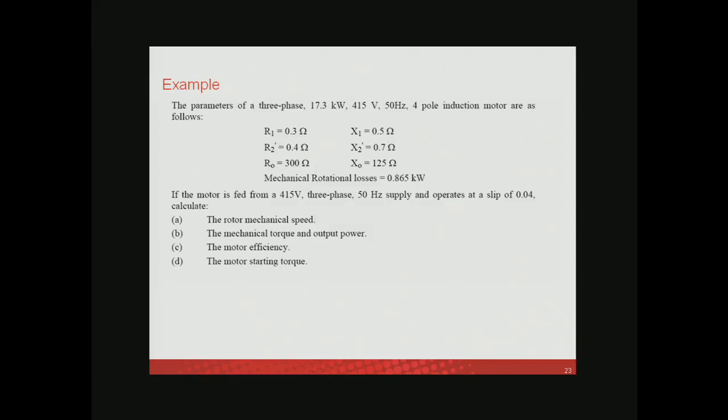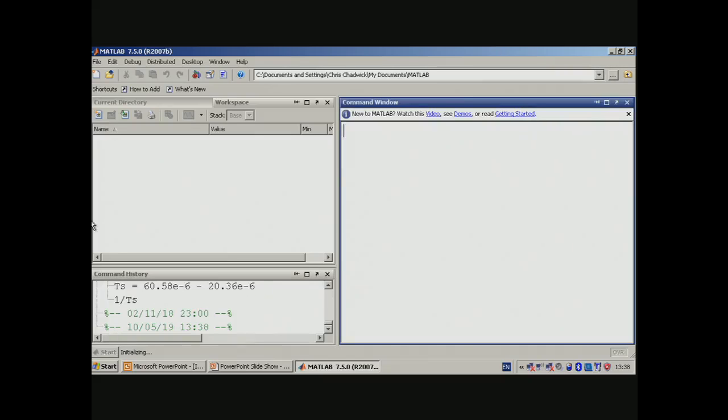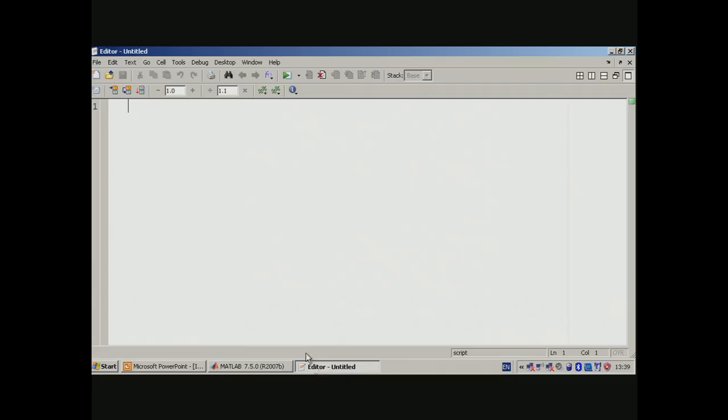You have these parameters, rotor resistance, and everything. Let's say we put in all the values here.